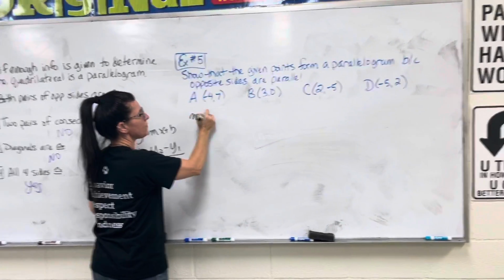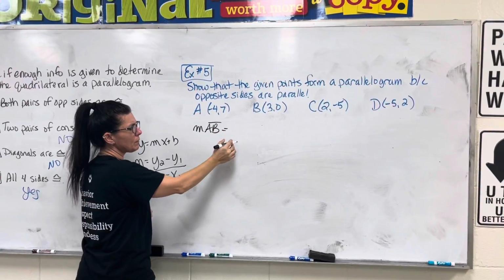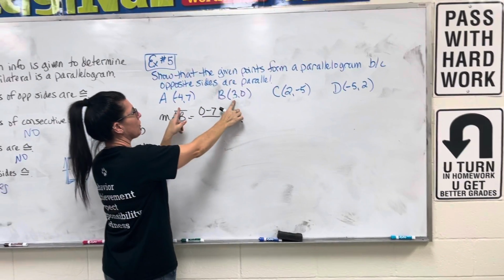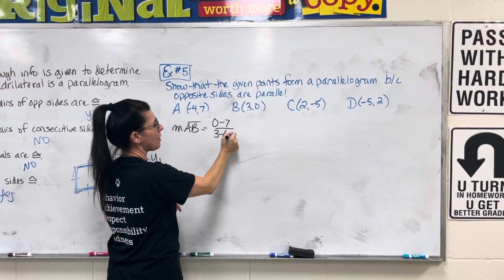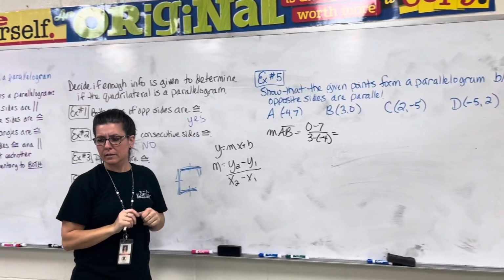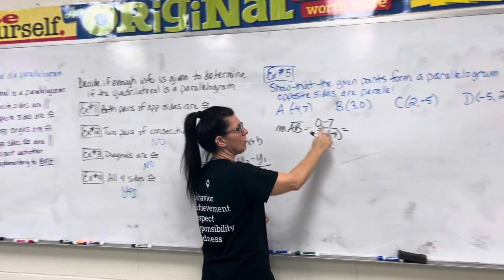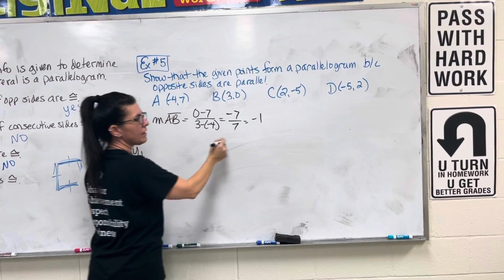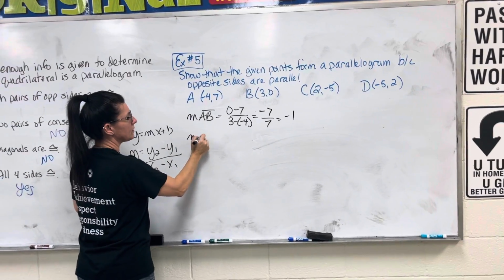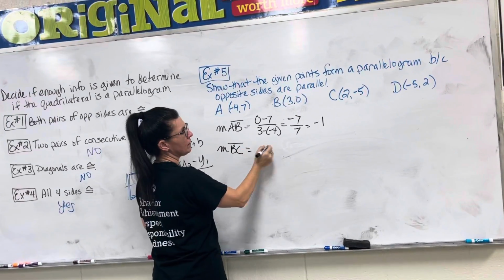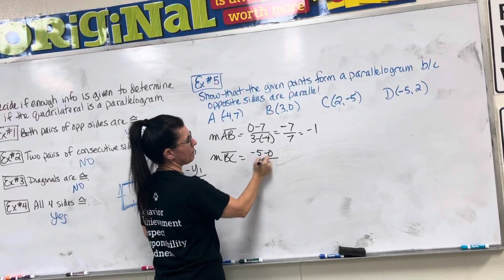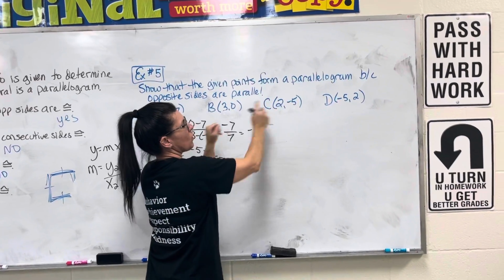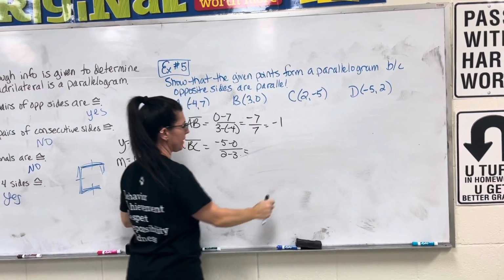So let's start with AB. Let's find the slope of AB. My change in y, 0 minus 7 goes on top, 3 minus negative 4 on bottom. Again, I'm gonna go through this quickly. If you need help with it, I can help you guys. On top is negative 7, on bottom is 7. That simplifies to negative 1. Slope of BC, change in y on top, change in x on bottom, so look what I did. y2 minus y1, x2 minus x1.